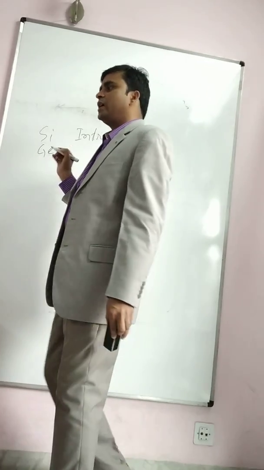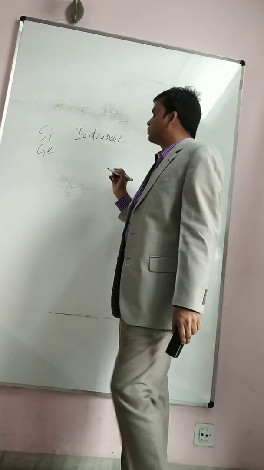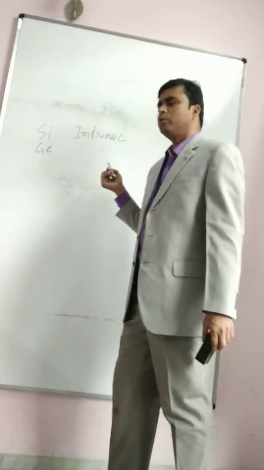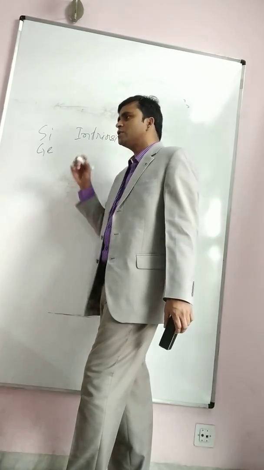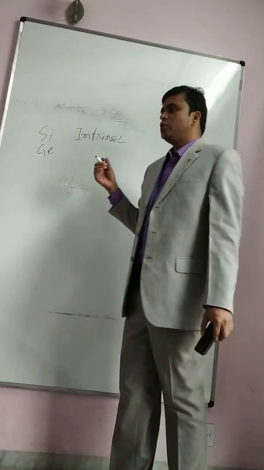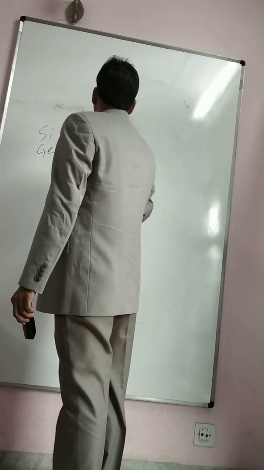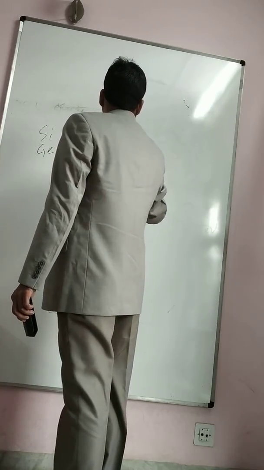To increase the conductivity of a semiconductor, we have to do a process called doping. What is doping of a semiconductor? We have to add some impurities, but the ratio of impurity is very low, like 1 in 10 raised to the power 5 or 10 raised to the power 6.